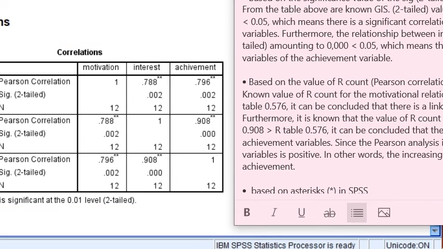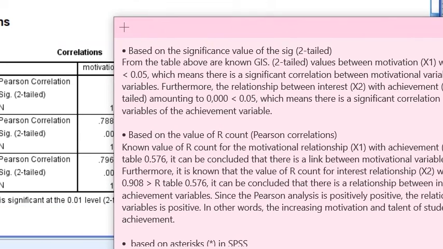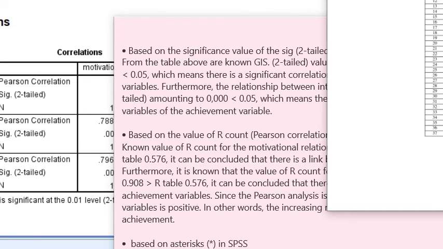And the next is we can analyze based on the value of r count. So we can see the significance level is 0.01 in here. It means the level of significance is 5%.